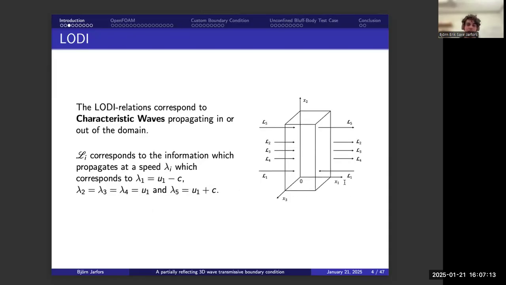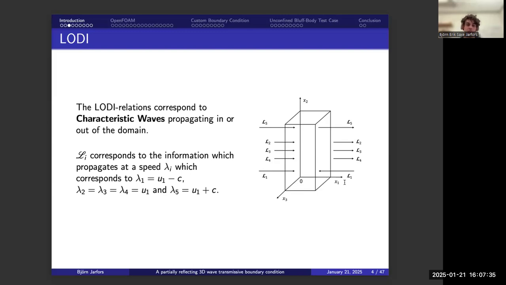So let's say that we have this domain where we have 5 waves, where the different waves correspond to information propagating in and out of the domain, as well as at different velocities.